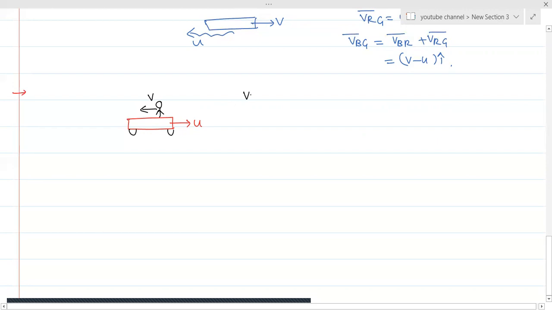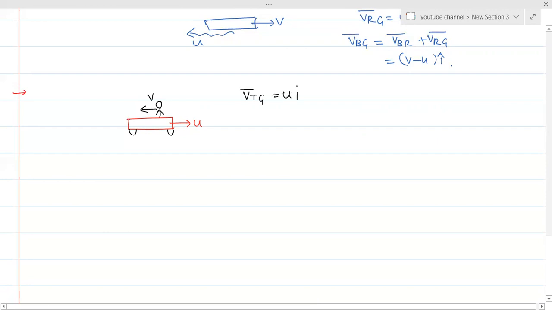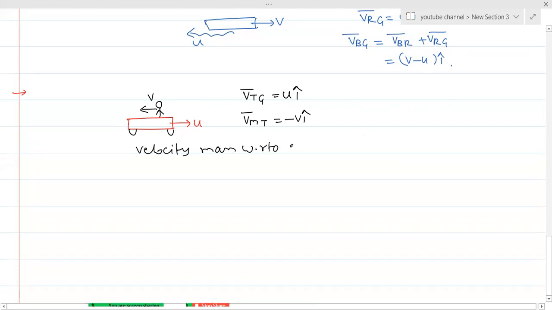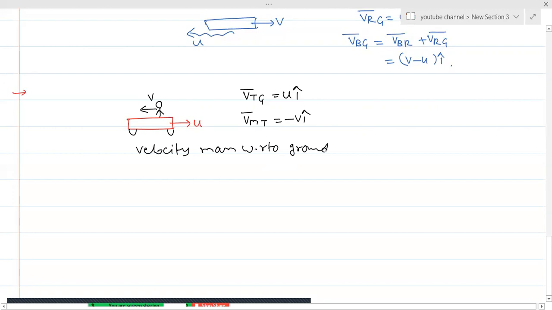First we write the velocity of the trolley with respect to ground as u into I cap, and the velocity of the man with respect to the trolley as minus v into I cap. If I need the velocity of the man with respect to ground, that equals u minus v into I cap.